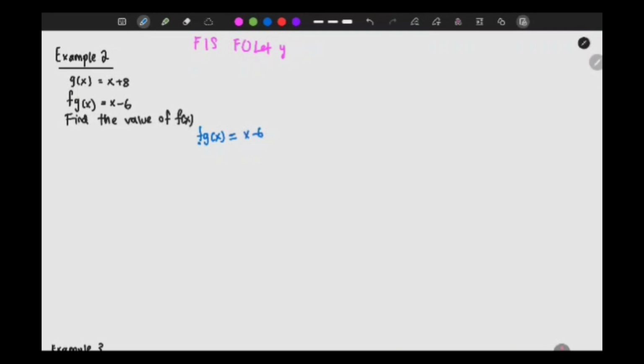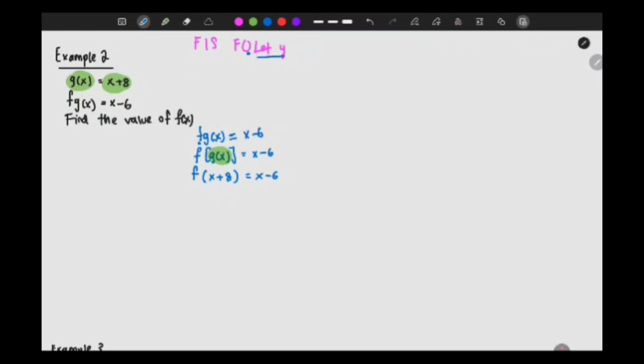So the first two steps are the same. Here you expand as usual, isn't it? And this is always equal to x minus 6, and your g(x) is x plus 8. So substitute x plus 8, and after this is where you have to let y.